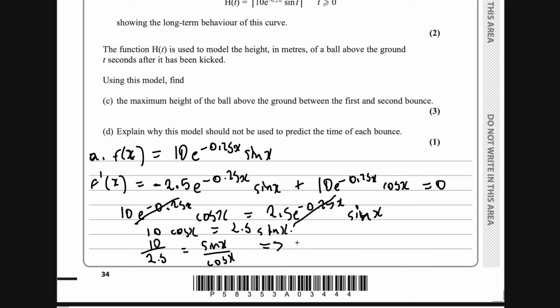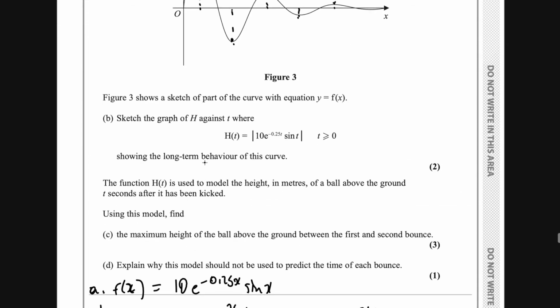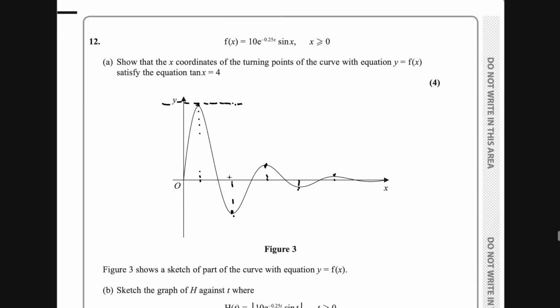It is equal to tan x. And there we go. We have proven that the x-coordinates of the turning points of this particular function satisfy the equation tan x equals 4.